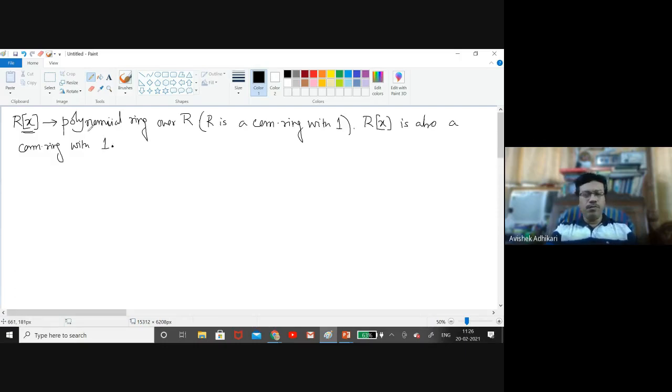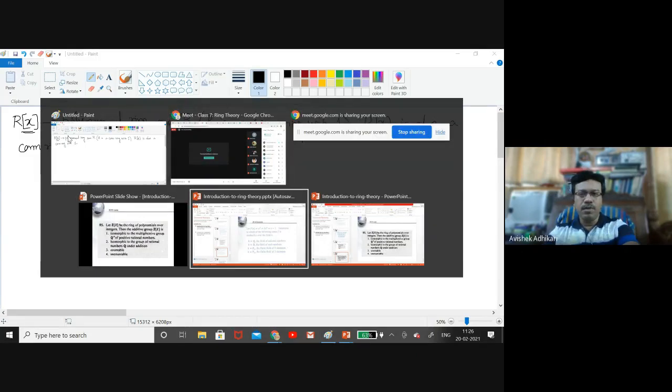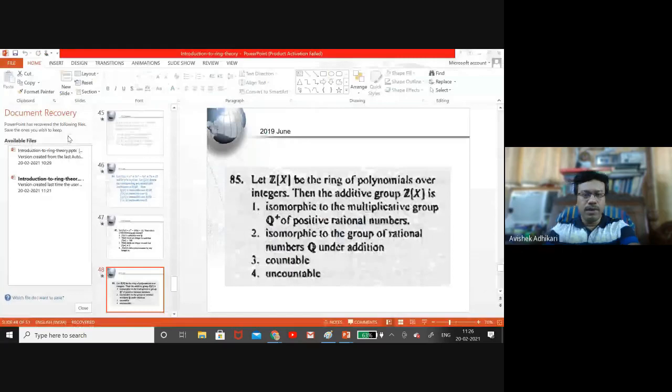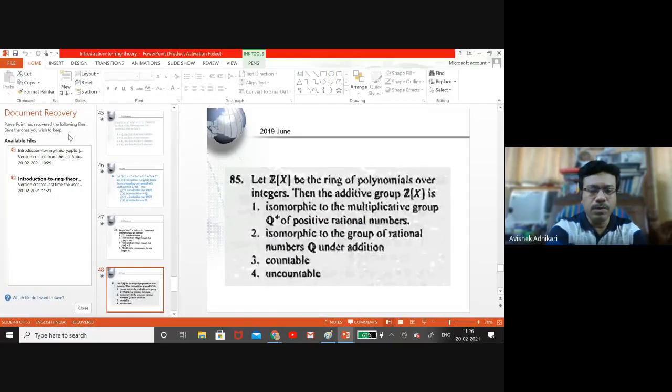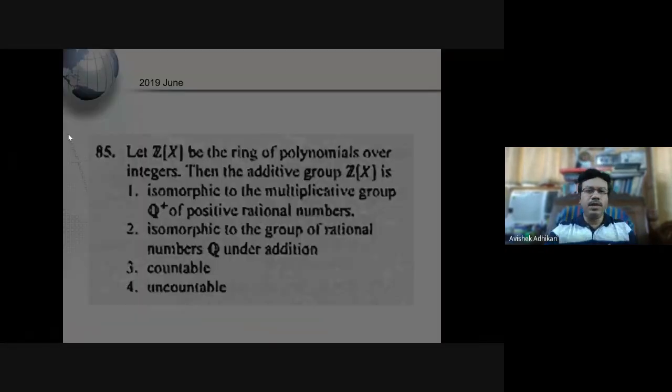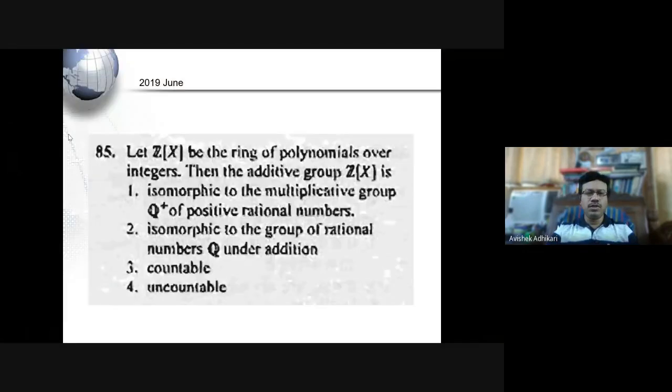Before going to that, let us have a problem from a competitive exam. Let us try to solve this problem. It came in June 2019. It's a particular kind of polynomial ring, over Z[x], where Z is the set of all integers. It says: let Z[x] be the ring of polynomials over the integers.